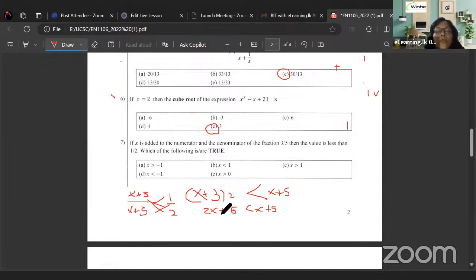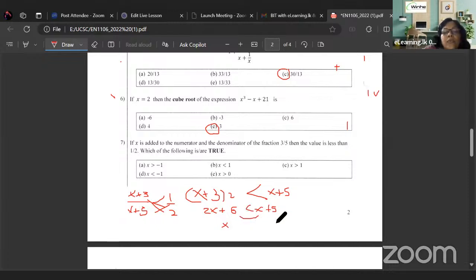Now you can move the variable into the same side. So 2x minus x, I will directly write it. Now you should know that part, right? When you move x into this side, 2x minus x is x.